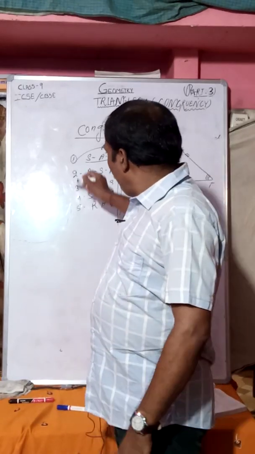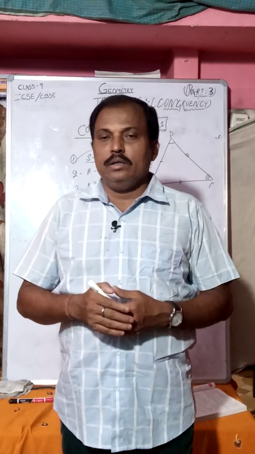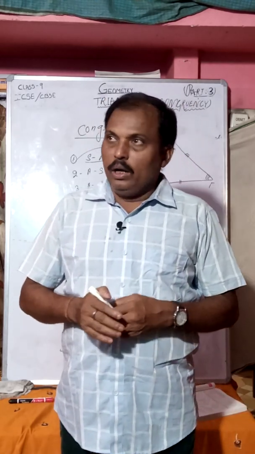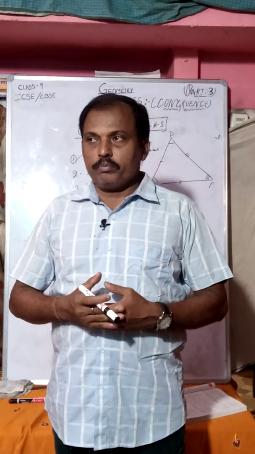Using these five conditions, we can prove that two triangles are congruent.